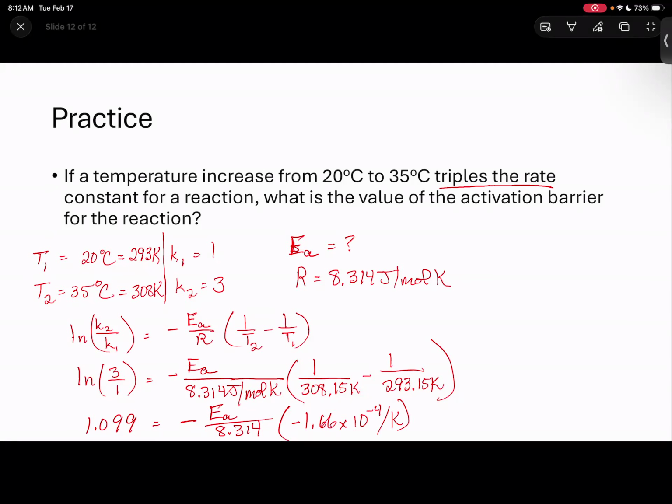So doing this math and multiplying everything through, you get 55,042 is equal to E sub A. So our E sub A is basically 55 kilojoules per mole.